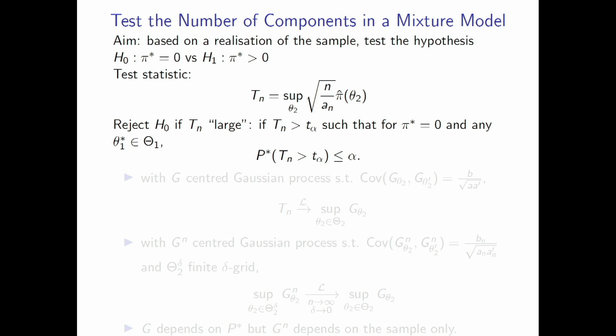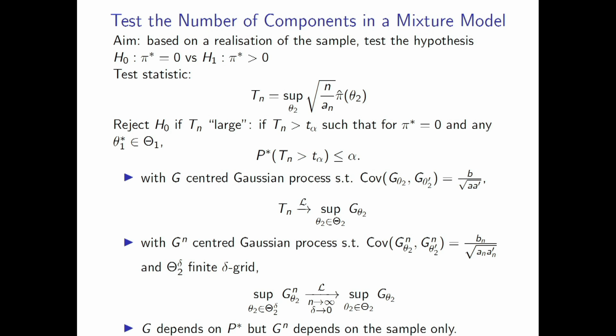Of course, in situations where we would know p star, we can just directly find T alpha, possibly by Monte Carlo simulation, and we will see later an example of a situation where we know p star. But in more interesting situations where we will not know p star, and particularly when you have to estimate θ1, you can't do this.